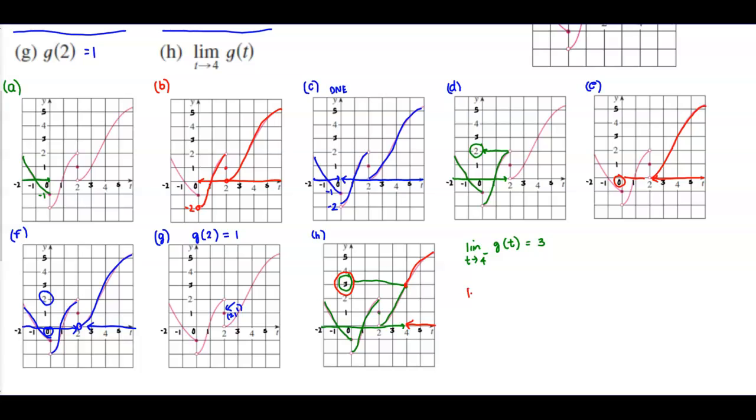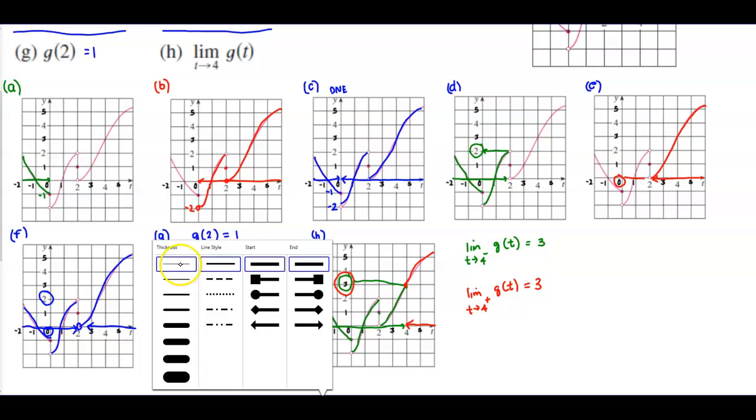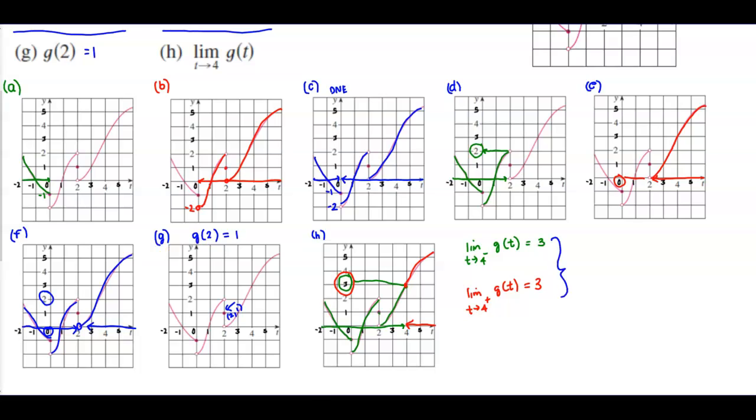So the limit as t approaches 4 from the right of g of t is equal to 3. Because these are both equal, the limit as t approaches 4 of the function g of t is equal to 3. So the answer is 3.